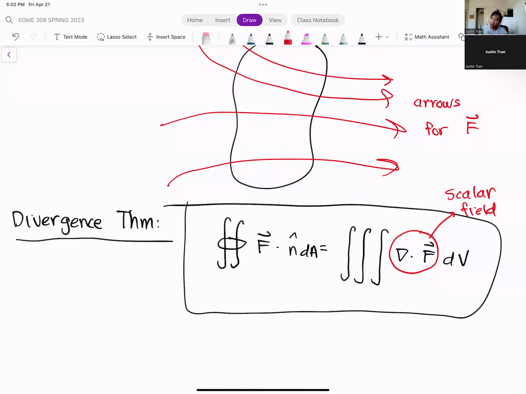So whenever you see a divergence in an application, you should kind of rejoice because it ends up making things a lot simpler. And so even though you have one more integral to compute on that side, that right side ends up being a lot easier to compute most of the time. And a lot of times your domains are going to be such that it's easier to compute those than not.